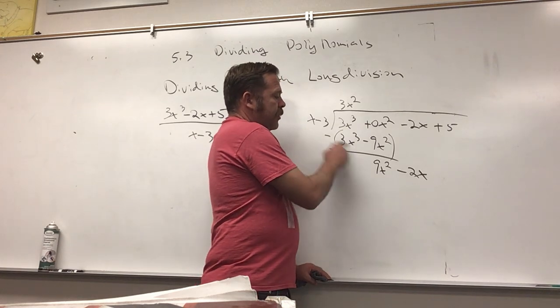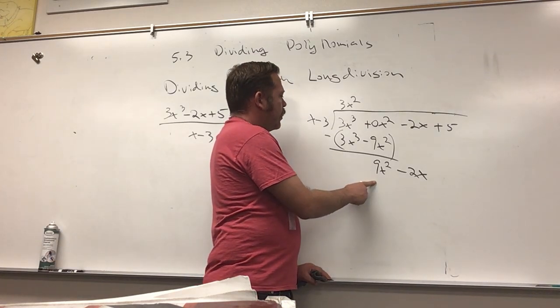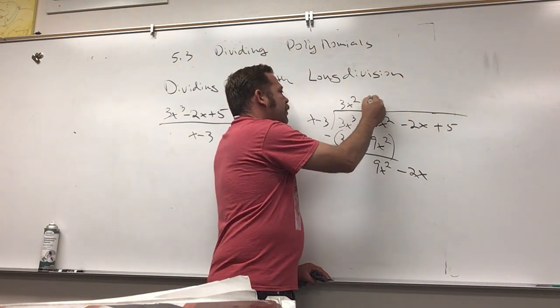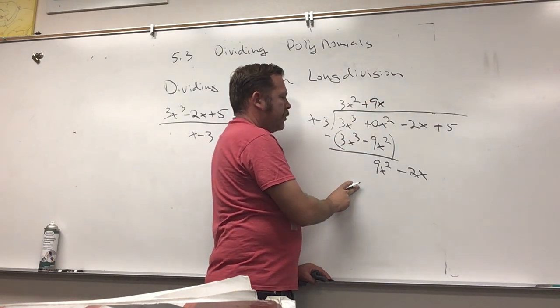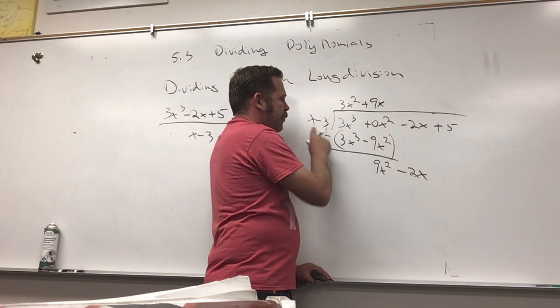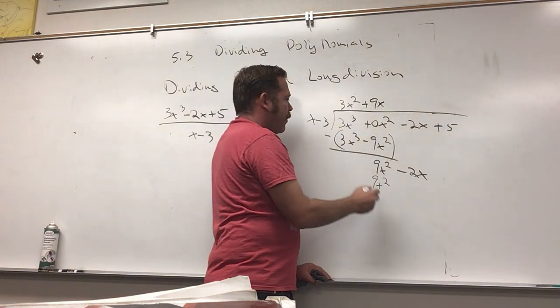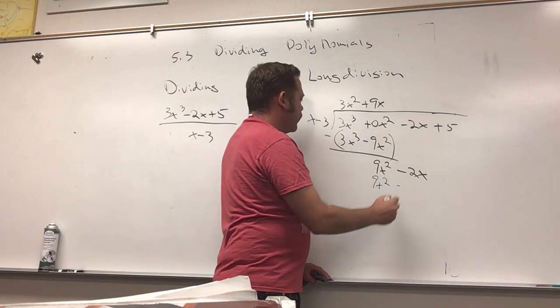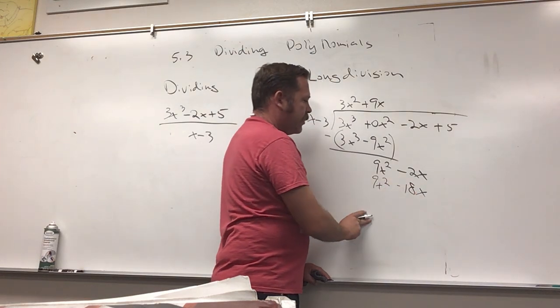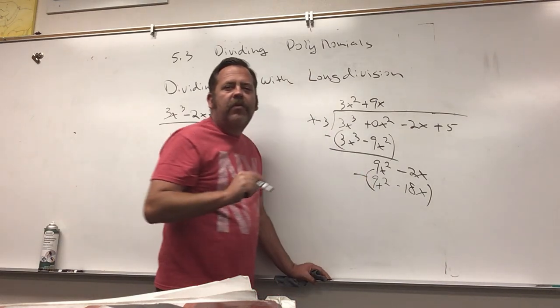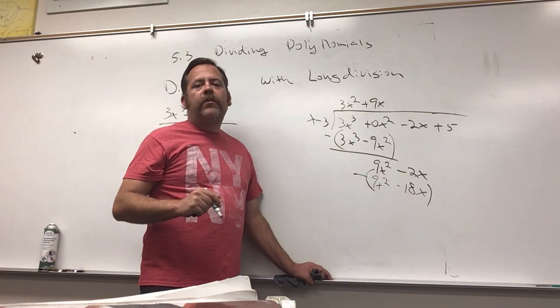Then x goes into 9x squared plus 9x times. And 9x times x is 9x squared. And 9x times negative 3 is minus 18x. And then we subtract.